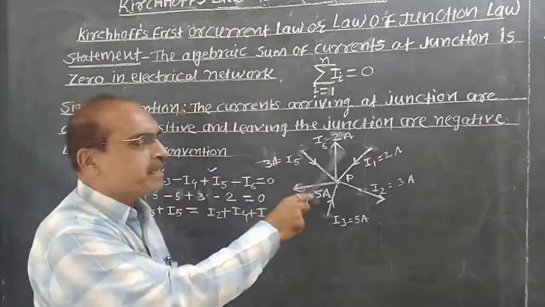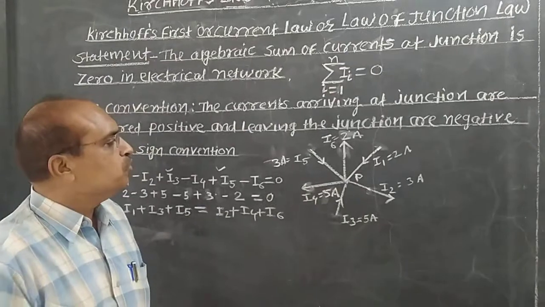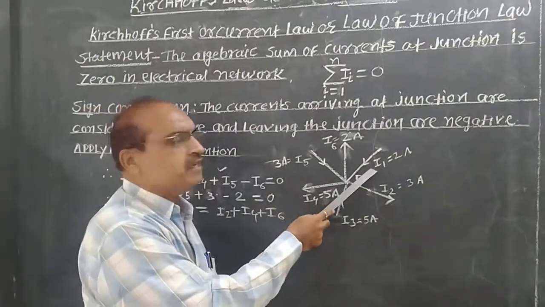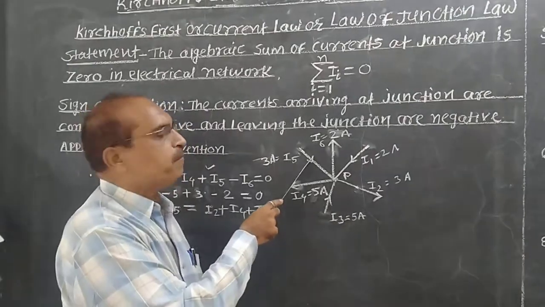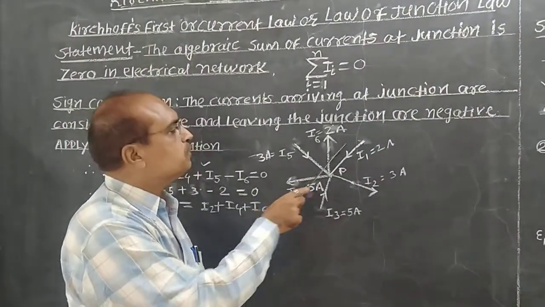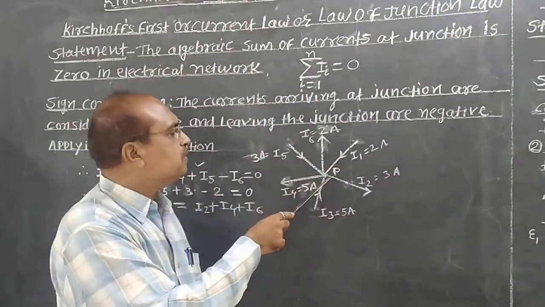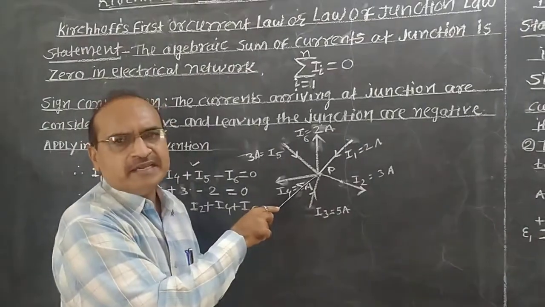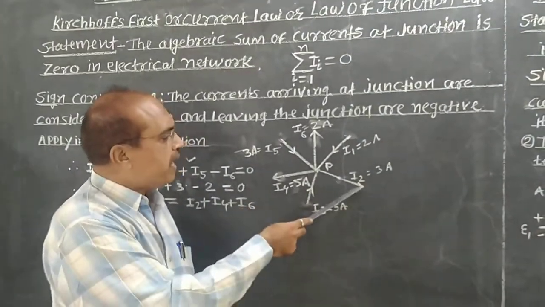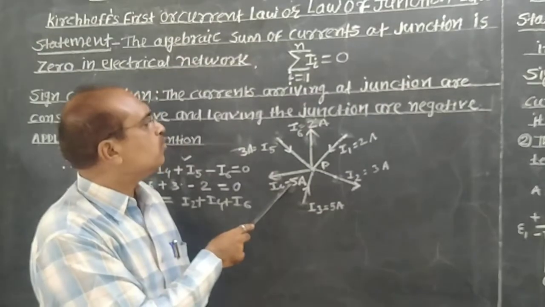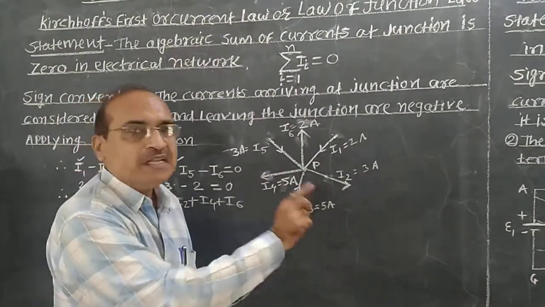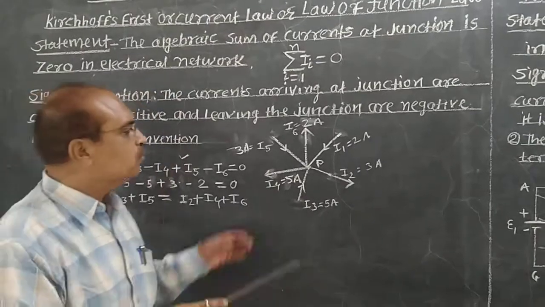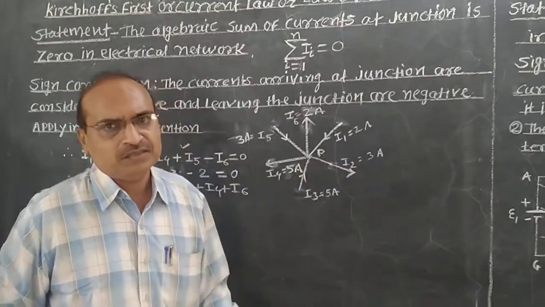So in the circuit, you find that the currents I1, I3, I5 are entering the junction, while I2, I4, I6 are leaving the junction, moving away from it.